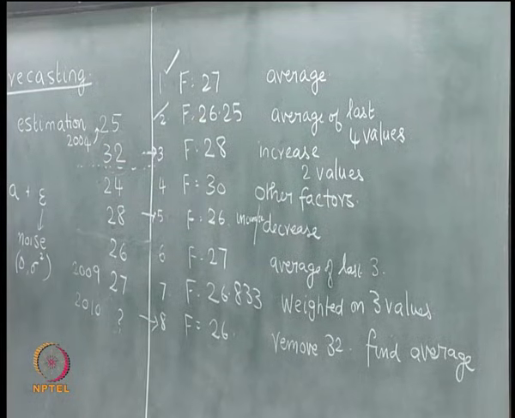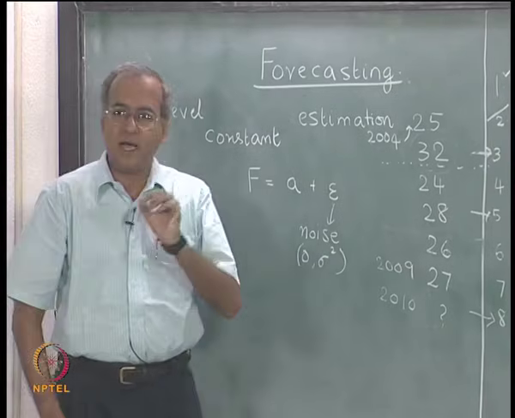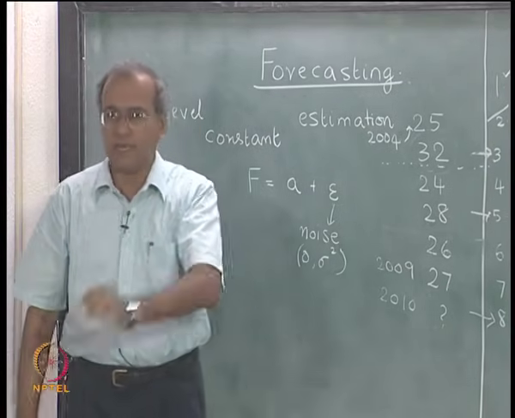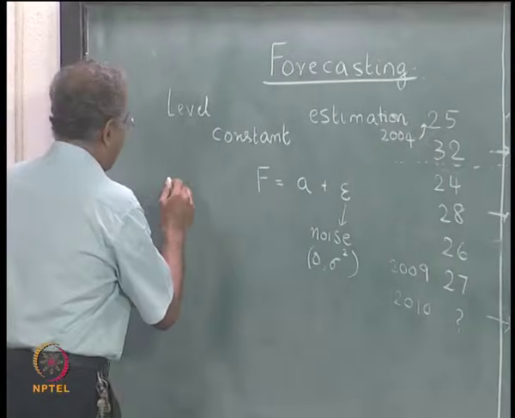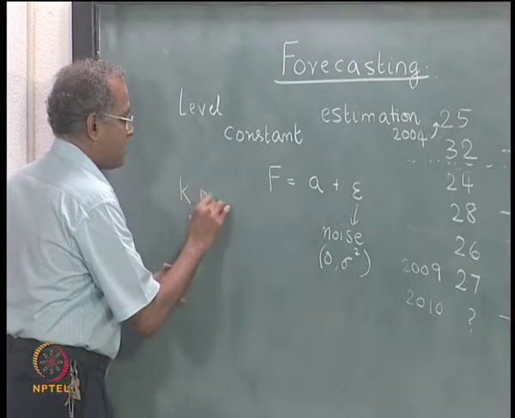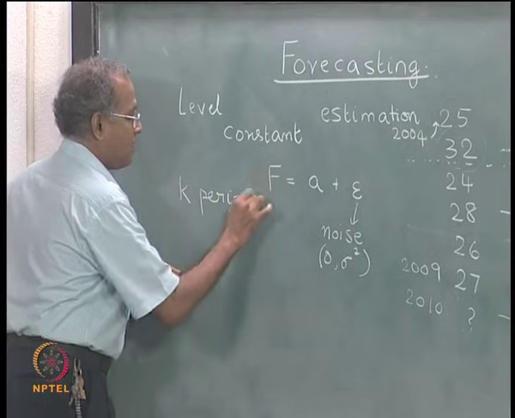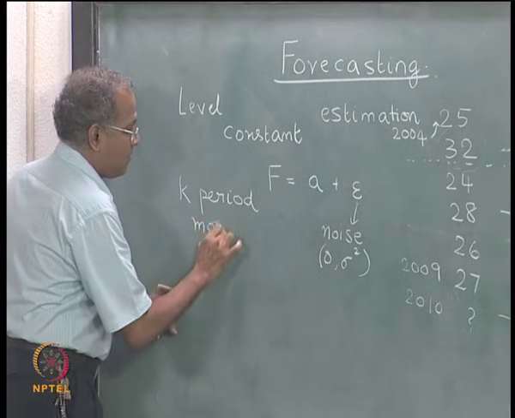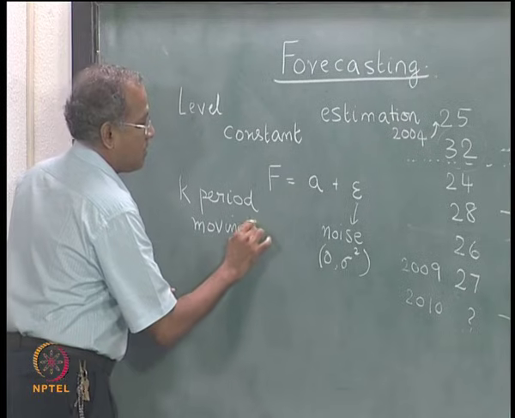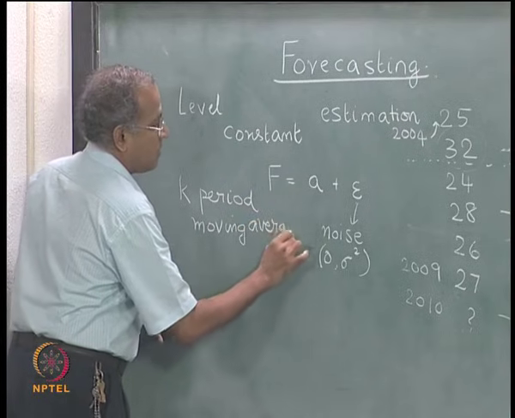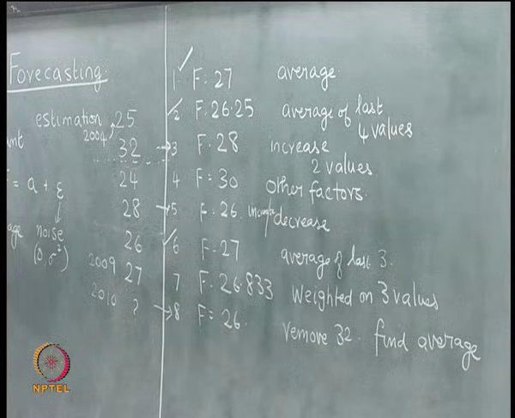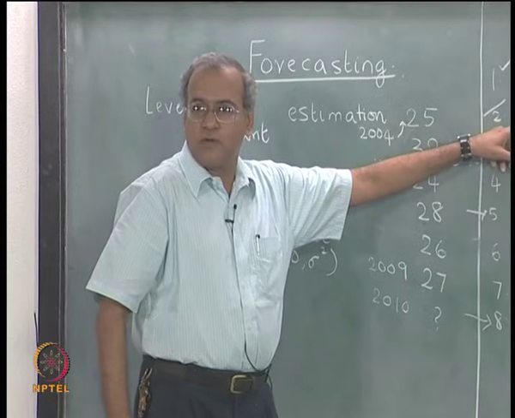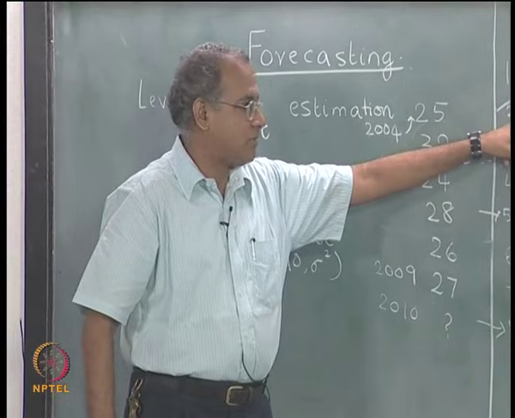So, when we leave out certain data points and consider only the last k data points, then we develop what is called a k period moving average. So, the 4 period moving average gives us a forecast of 26.25.